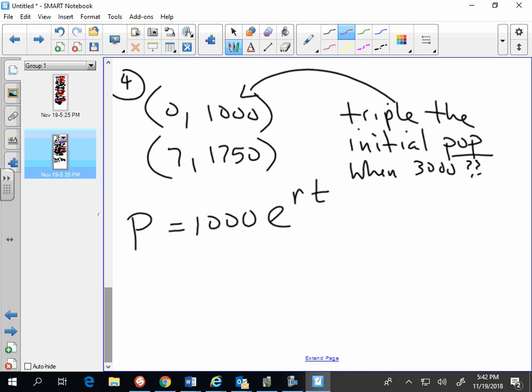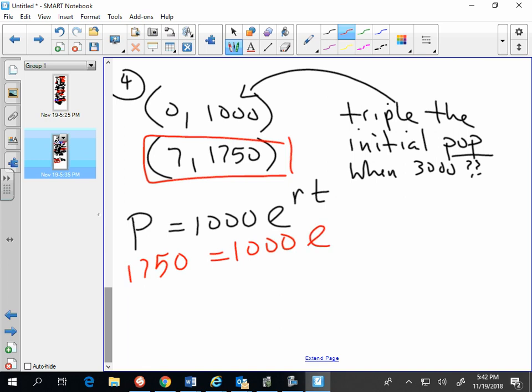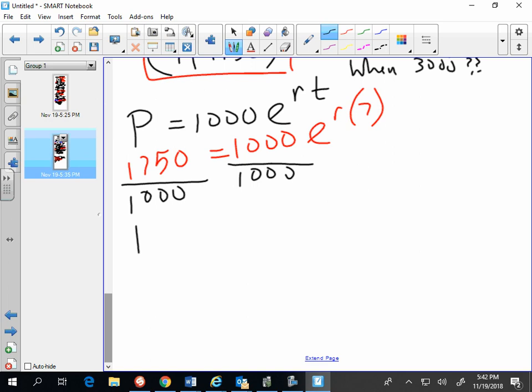And now we can plug in this second ordered pair to help us find our rate. So 1,750 equals 1,000 e to the R times 7. If I divide both sides by 1,000, I get 1.75 equals e to the 7r.